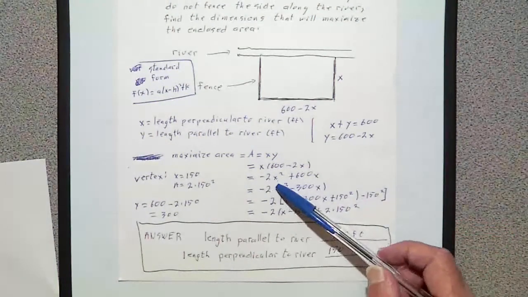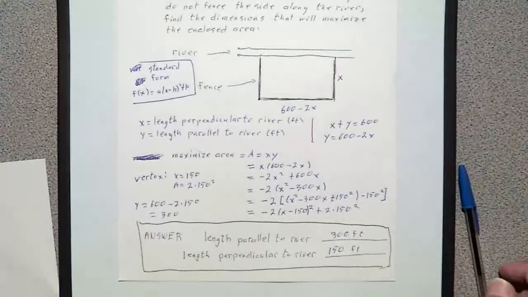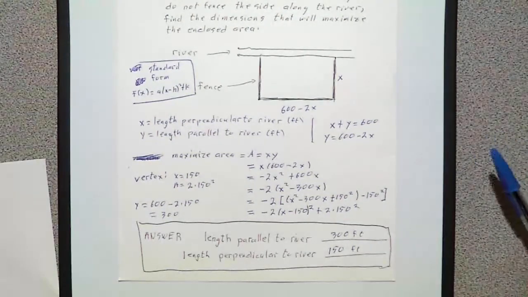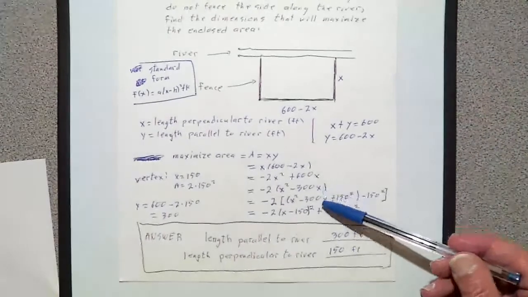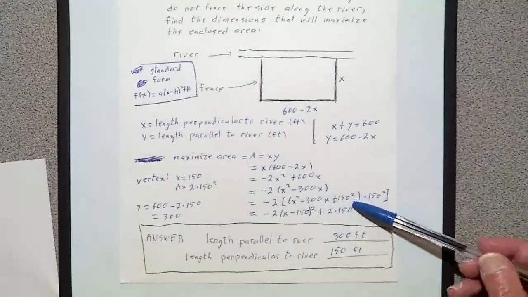So do the algebra: minus 2x squared plus 600x. Again, we use completing the square to put it in standard form. Okay, so 300 over 2 is 150.